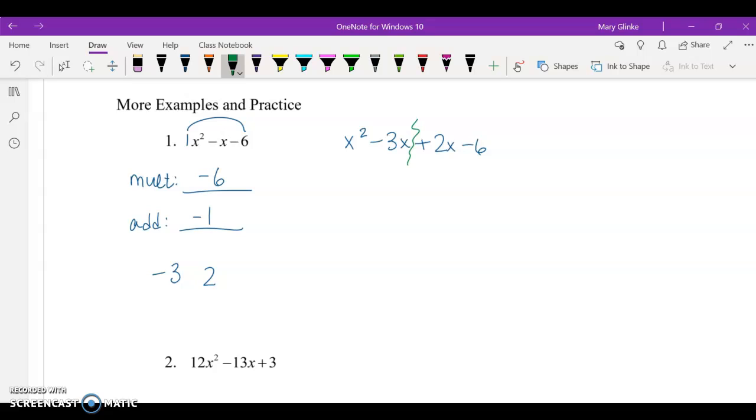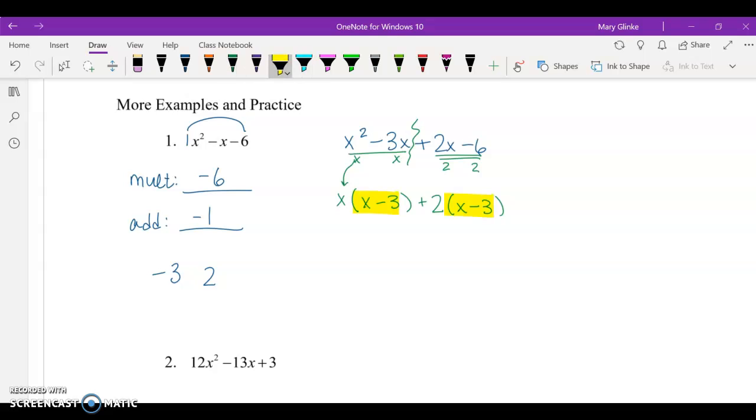We chop this in half. The first two terms have a GCF of x. So we're going to divide each term by x, and we get x minus 3. The next two terms have a GCF of 2. And when we divide each term by 2, we are left with x minus 3.